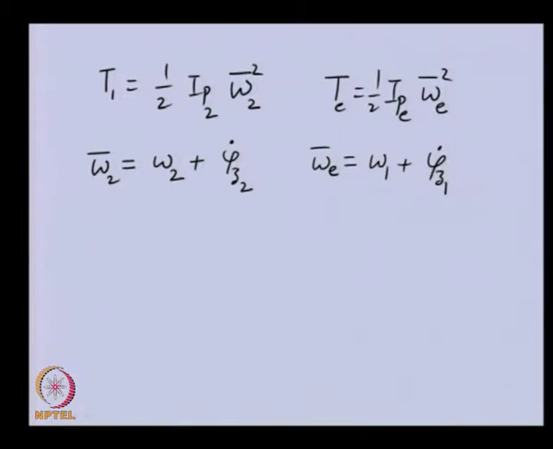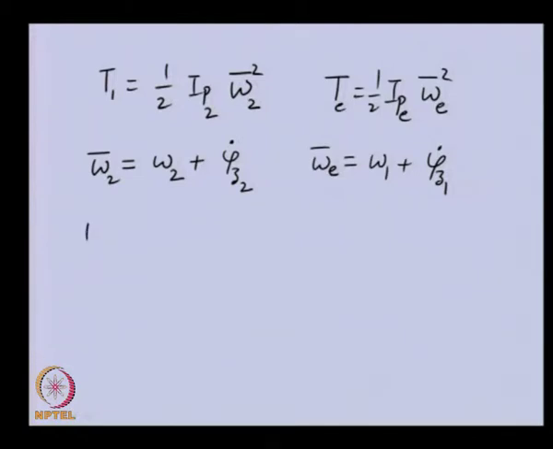So, now this particular angular velocity we can substitute in these equations. If we substitute, we will have these two kinetic energies which are the same, so we can equate them also.